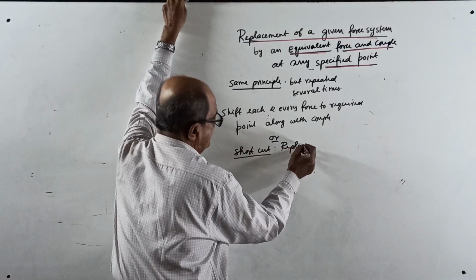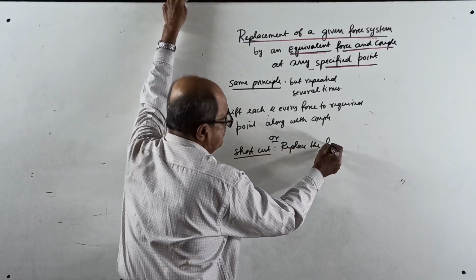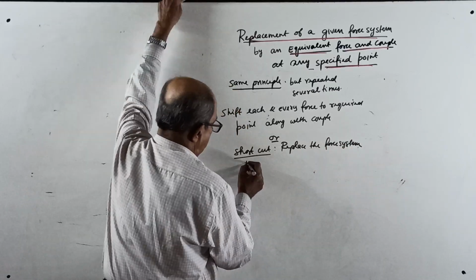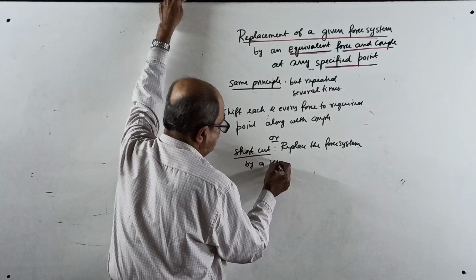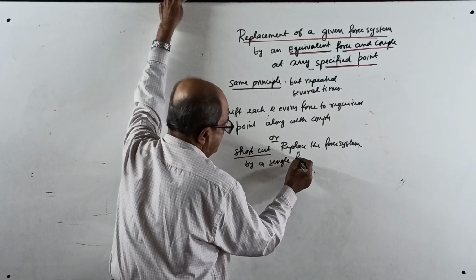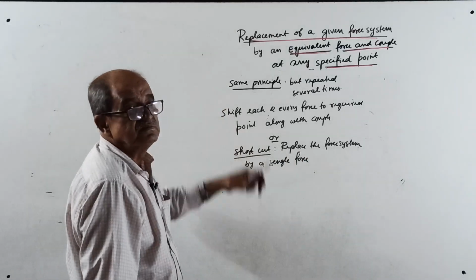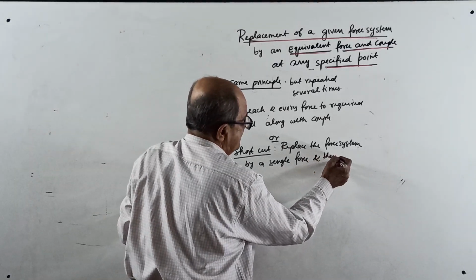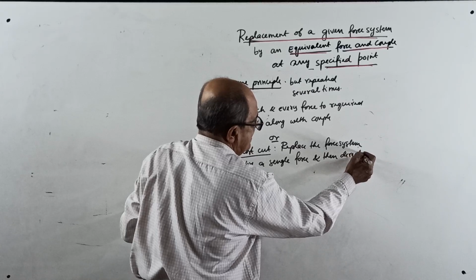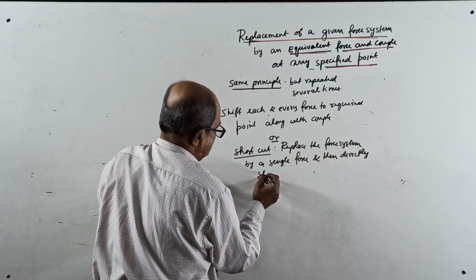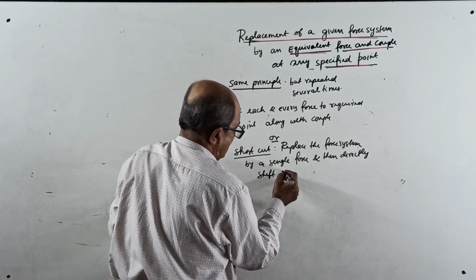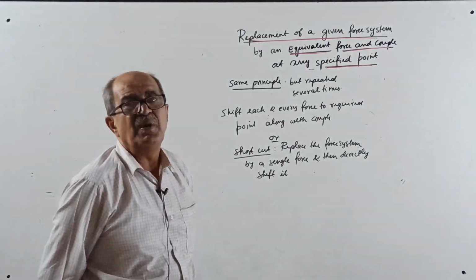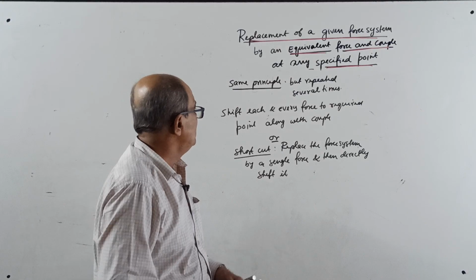Replace the force system by a single force and then directly shift it. I will make it clear, don't worry. Either you shift each and every one, or directly shift it.